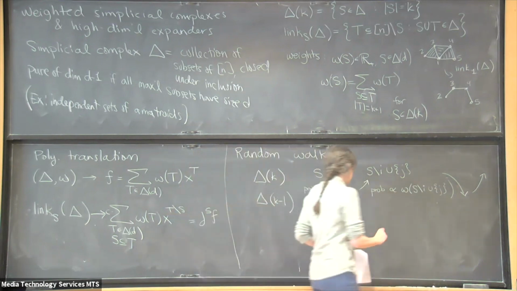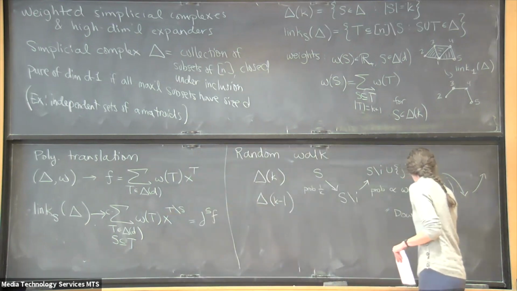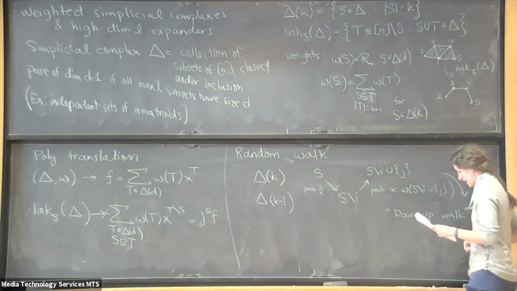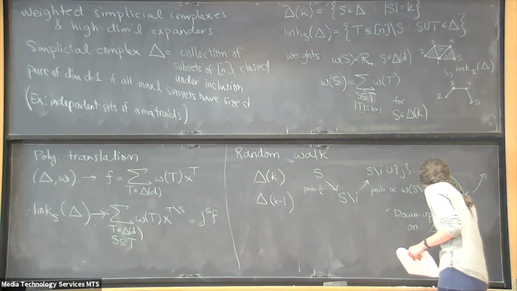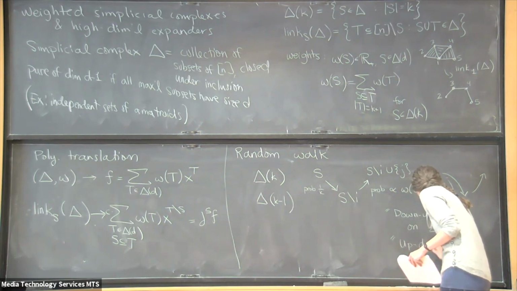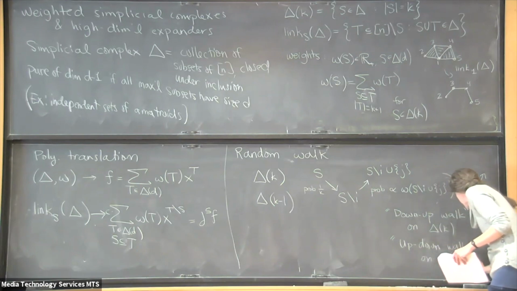So there's a down-up walk on subsets of size k, and there's also an up-down walk on subsets of size k minus 1.